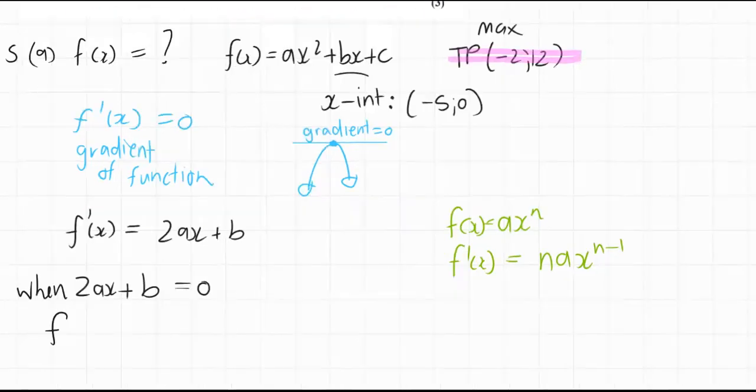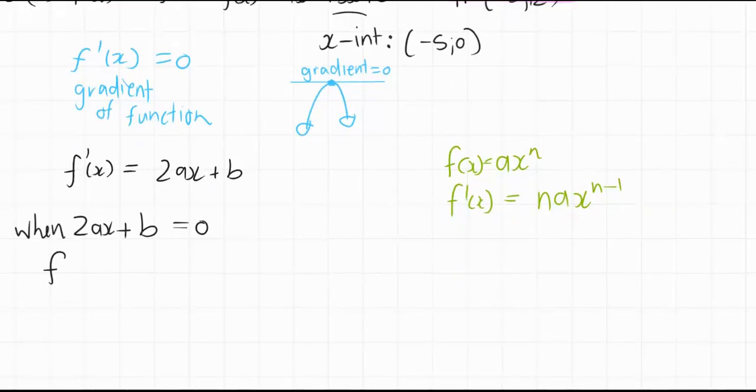So we know that f dash of minus 2, 2a times minus 2 plus b, must be equal to 0.